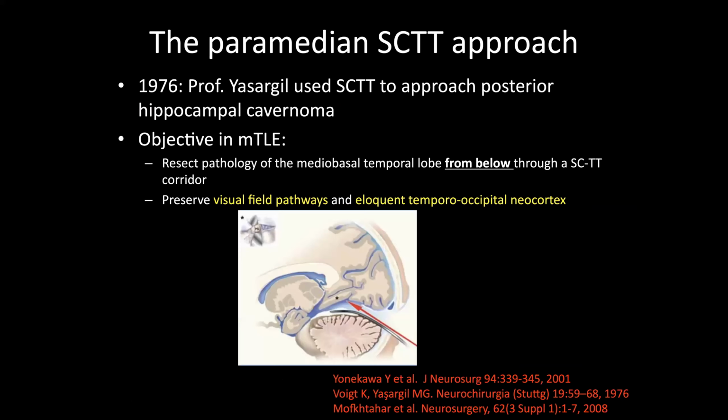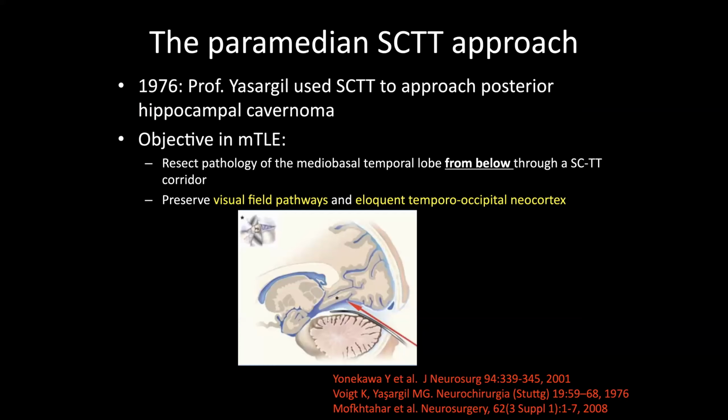So the paramedian SCTT approach, Professor Yasargil developed it and reported it in the 1970s, initially to treat cavernomas of the posterior hippocampus. His rationale was to remove the cavernomatous pathology and preserve visual pathways.